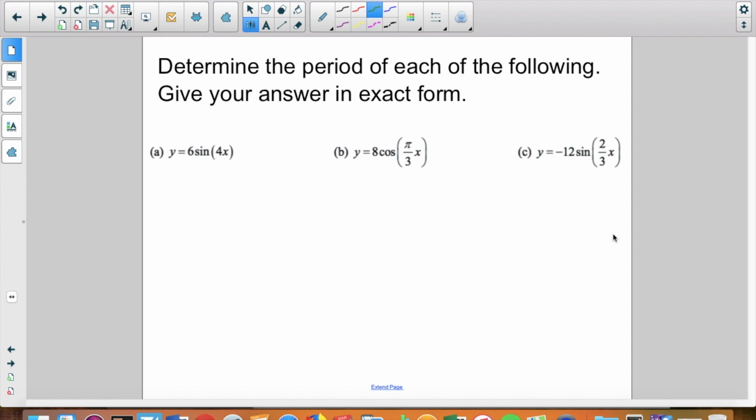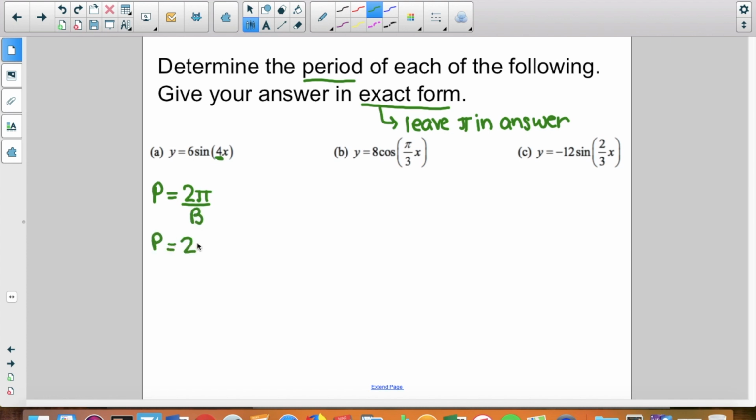Okay, moving on. It said determine the period of the following and give your answer in exact form. If it says exact form, that just means leave pi in your answer. Okay, so looking at the first one, our frequency is 4, so we have to use p equals 2 pi divided by the frequency.